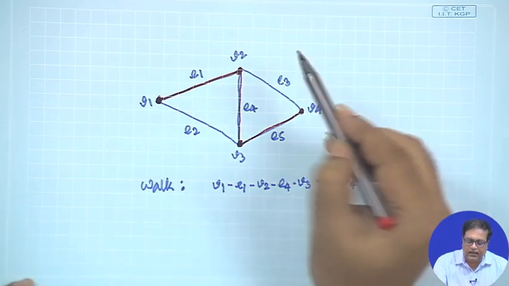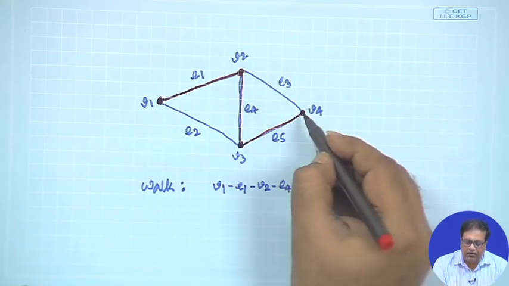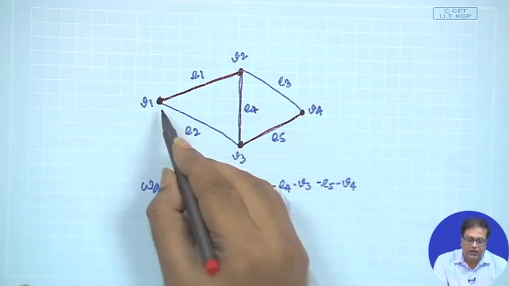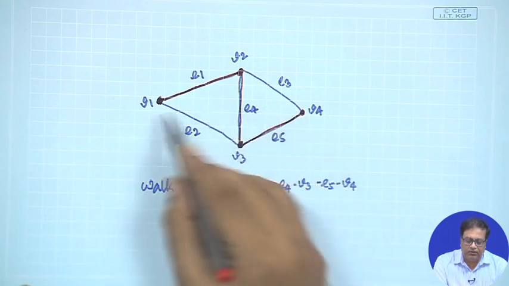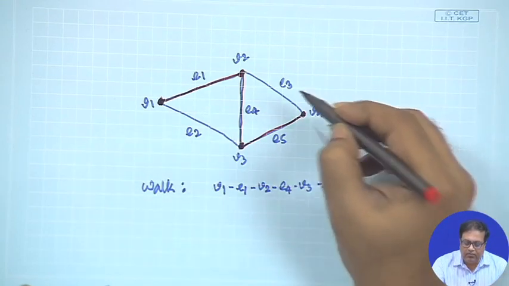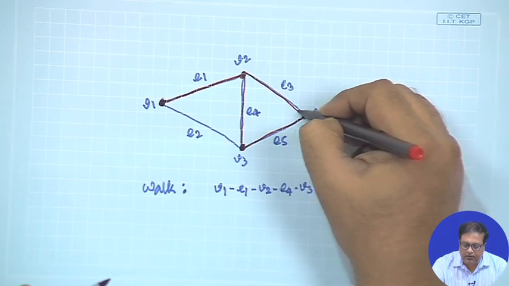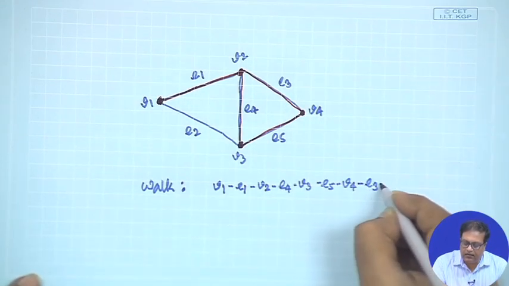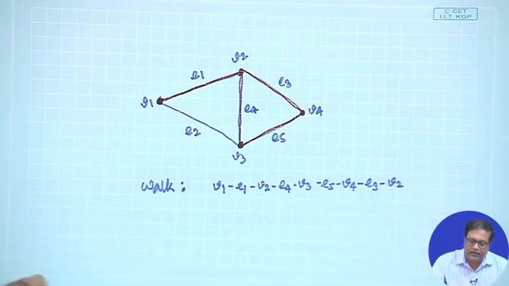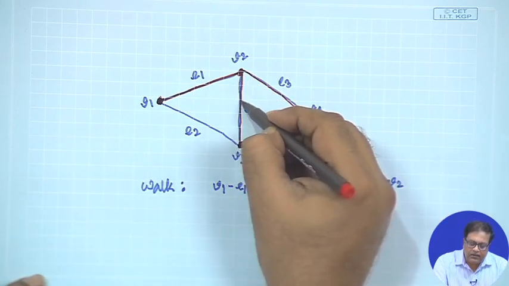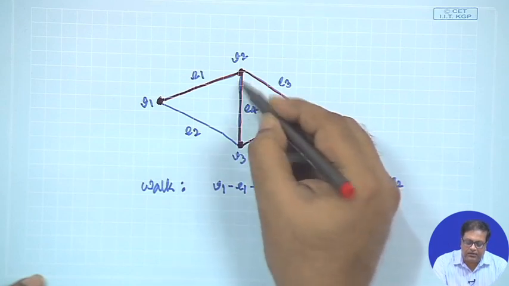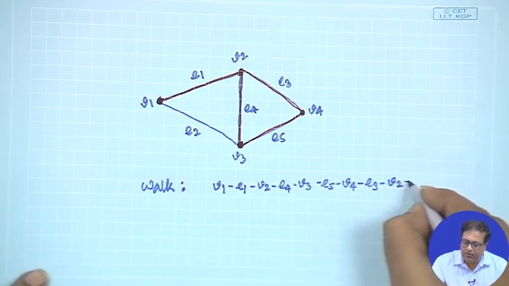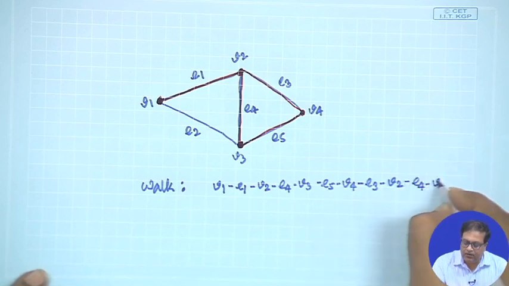Now, you may question: from V4 can we go to V1? The answer is no, we cannot go. Why? Because there is no edge available between V4 and V1. Alright. So, from V4 suppose we again come back to V2. So V4, E3, to V2, and then we may take that path once again. We take that path a second time: V2 to E4 to V3.